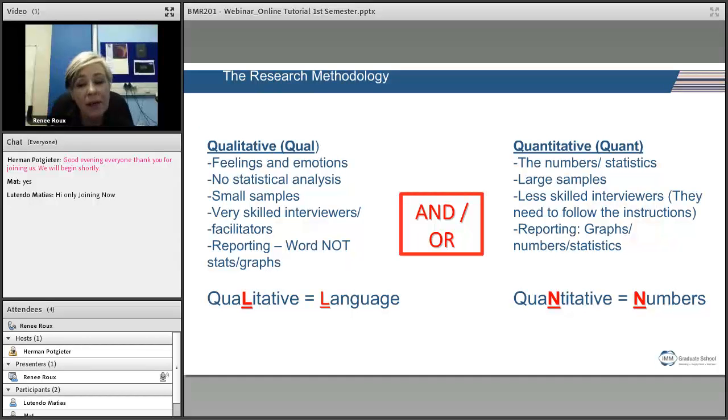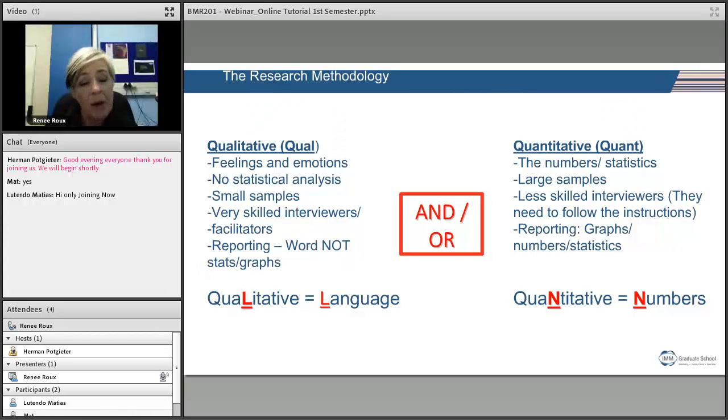So, what is the difference between the 2? Qualitative is when you do research and you want to understand feelings and emotions. So there is no statistical analysis. That's why I said L is for language. It's usually very small samples, so you cannot do the number crunching. You cannot do statistical analysis.